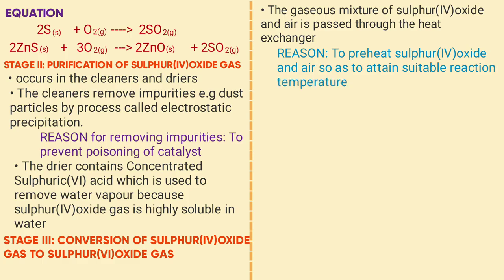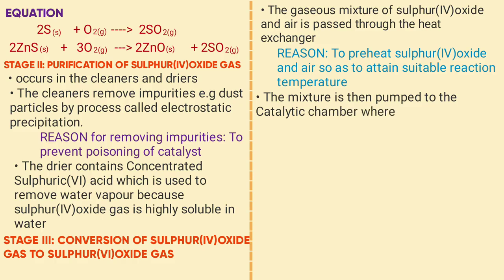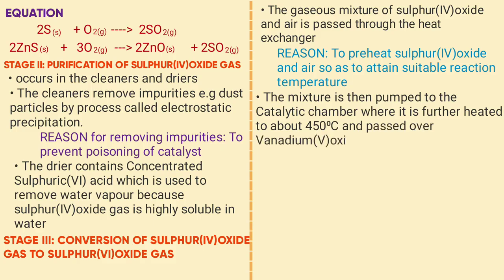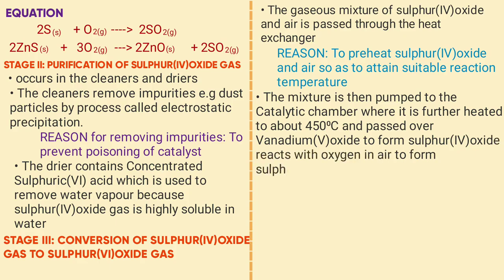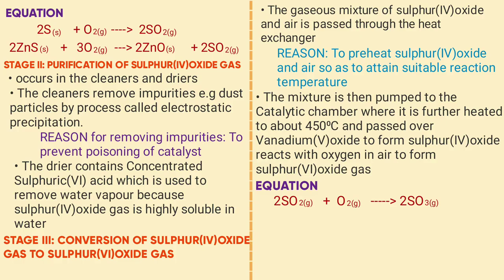After the preheating, the mixture is passed through the catalytic chamber, where it is further heated to a temperature of about 450 degrees Celsius, then passed over heated vanadium(V) oxide, where sulfur dioxide reacts with oxygen to form sulfur trioxide. The equation is 2 sulfur dioxide plus oxygen, arrow, 2 sulfur trioxide plus heat.